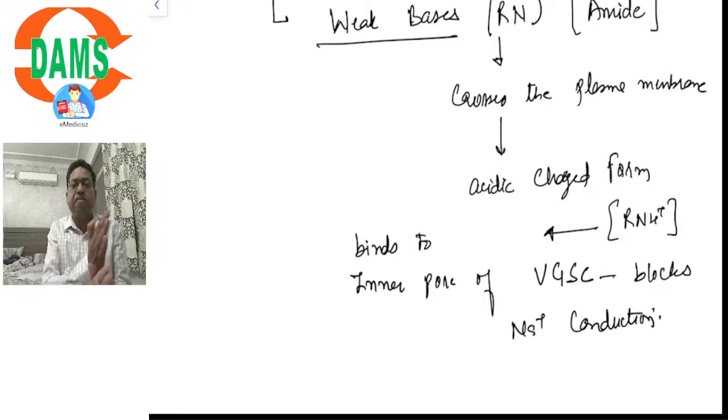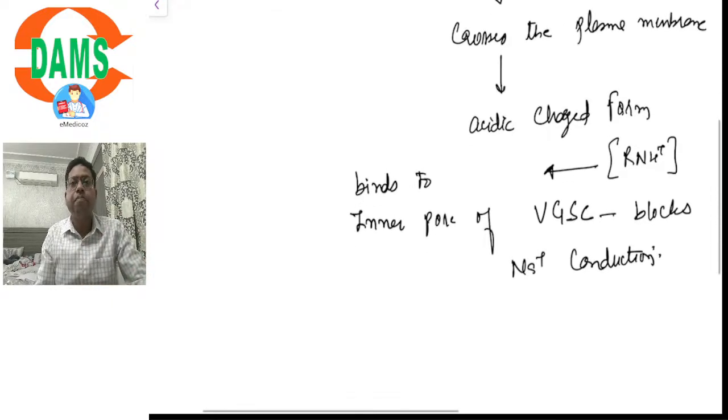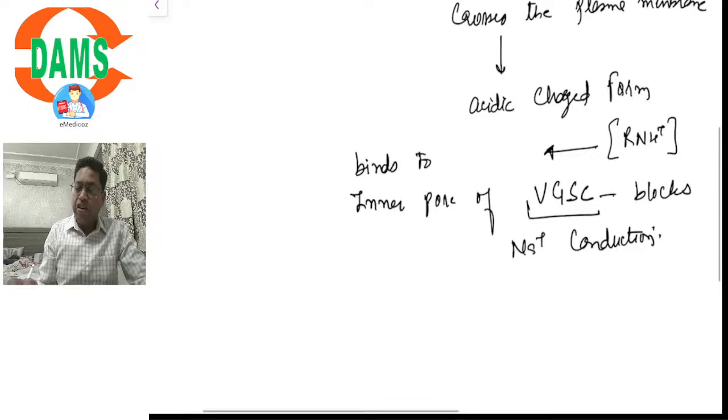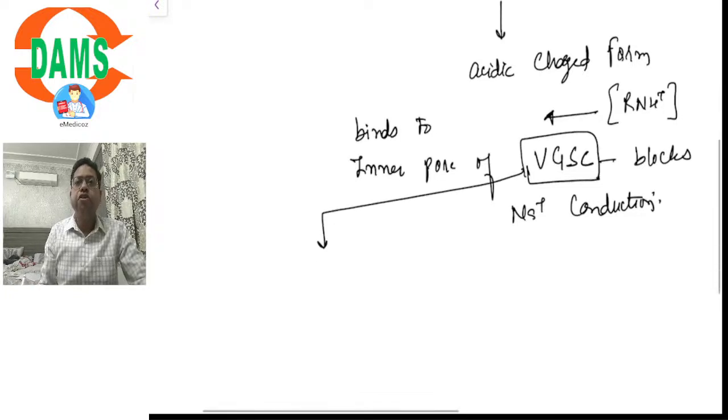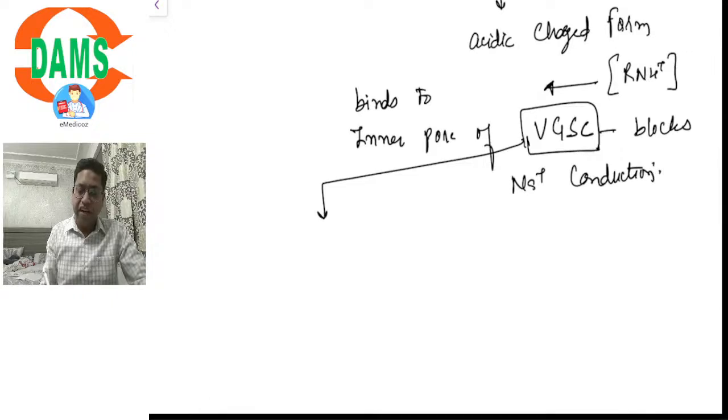So it would cross the plasma membrane in the basic uncharged form, and when it crosses, it would ionize, and it is the acidic charged form that binds to the inner pore of VGSCs and blocks the sodium conduction. Now, these voltage gated sodium channels are present on the different tissues of the body, and there are 9 subtypes of them.